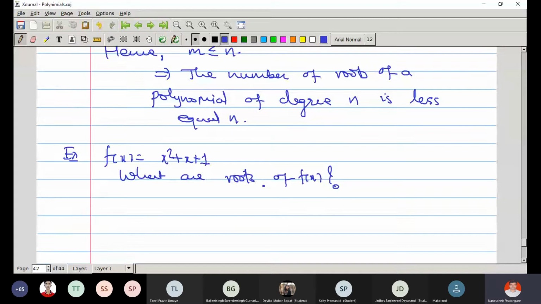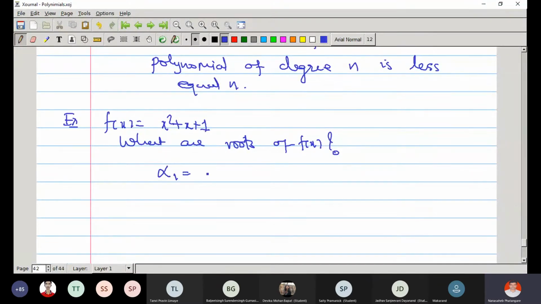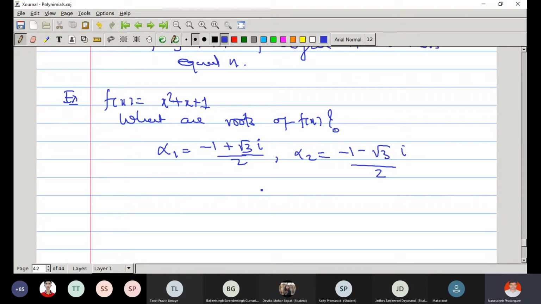Using x equals minus b plus or minus root of b squared minus 4ac, divided by 2a, where a is 1, b is 1, c is 1, the roots are minus 1 plus or minus root 3 times i, divided by 2. Is it correct? Right, so these are the roots.